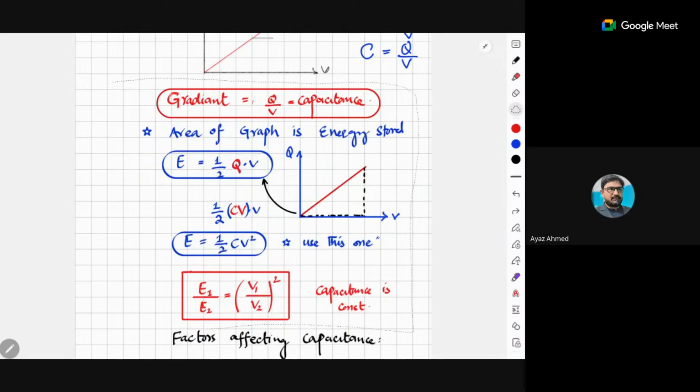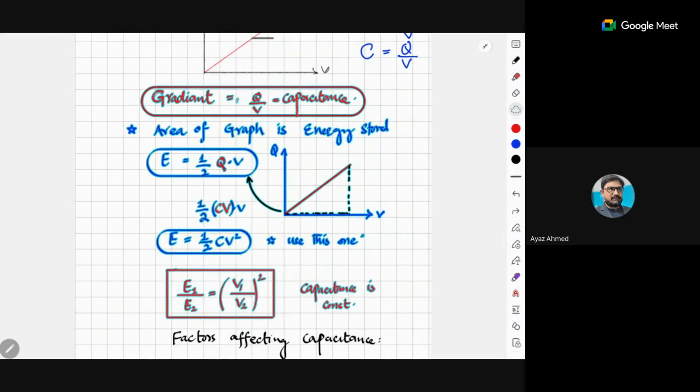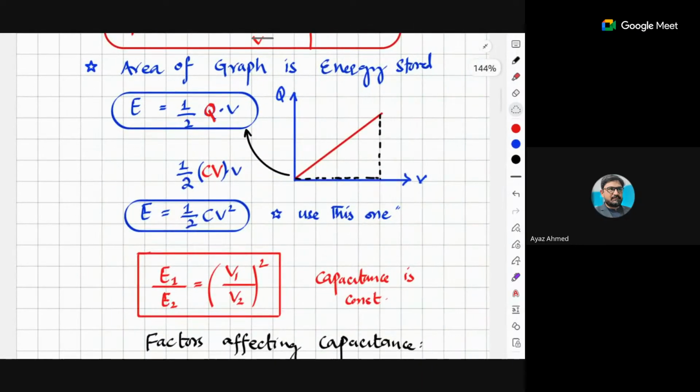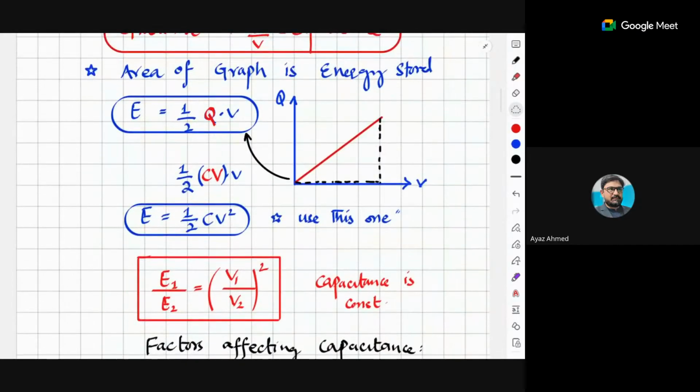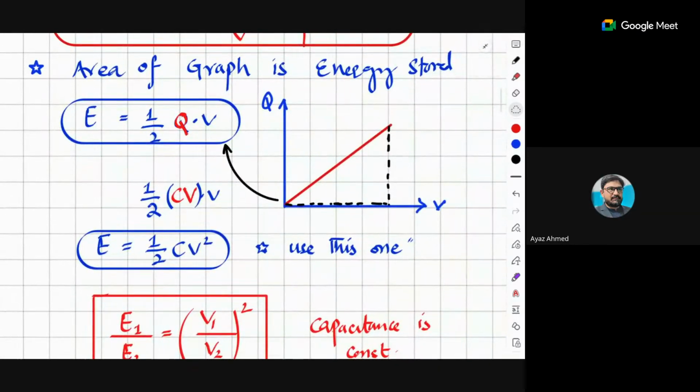Which other equation do I have? 1 upon 2 CV square. Okay? And 1 upon 2 QV is one of the equations. Are you getting my point? And the other equation is 1 by 2 CV square. These are the two equations which are required here to understand.